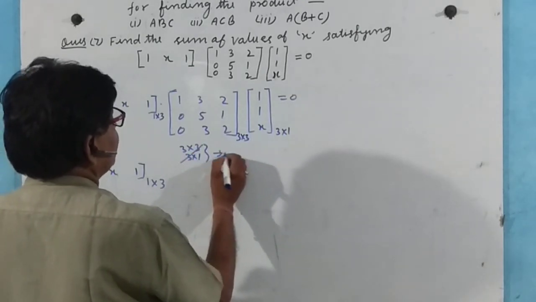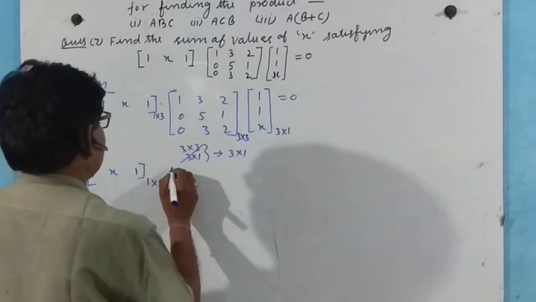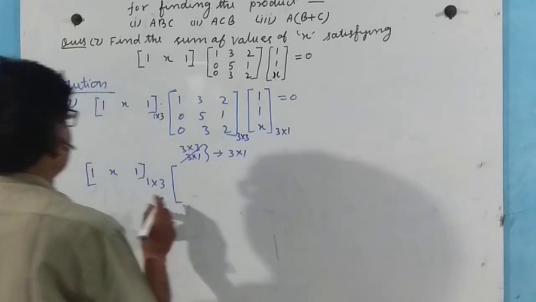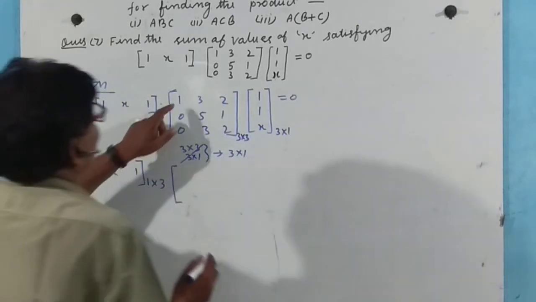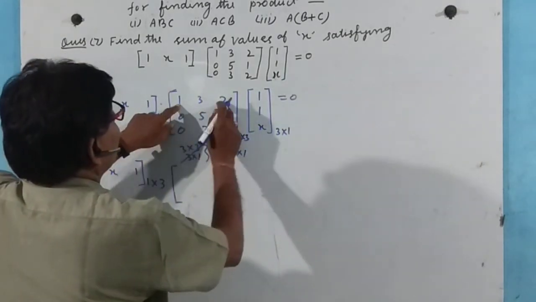We get a matrix of 3 cross 1. Now multiply this, 3 cross 1. In this case, row by column method.